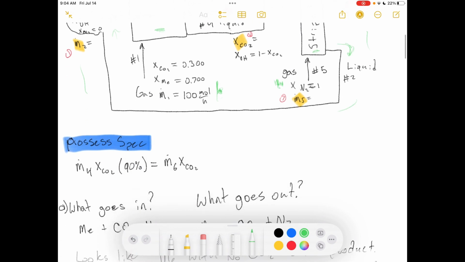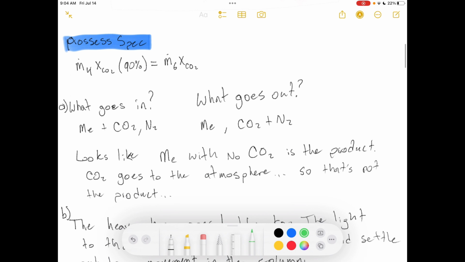Okay, so let's answer part A. What's going in? Methanol plus carbon dioxide and nitrogen. What's going out? Nearly pure methanol and a carbon dioxide-nitrogen stream. So what's the point of this process? Looks like methane with no carbon dioxide is the product, or it's the goal.